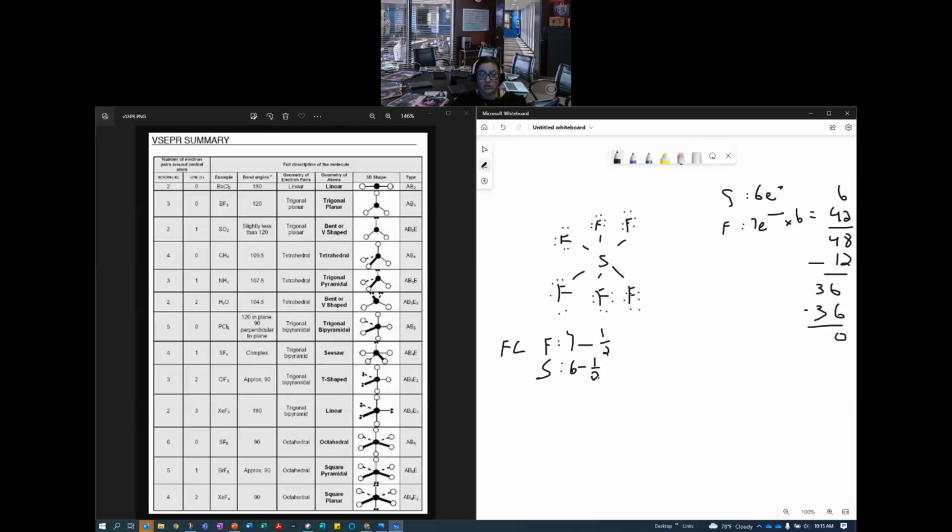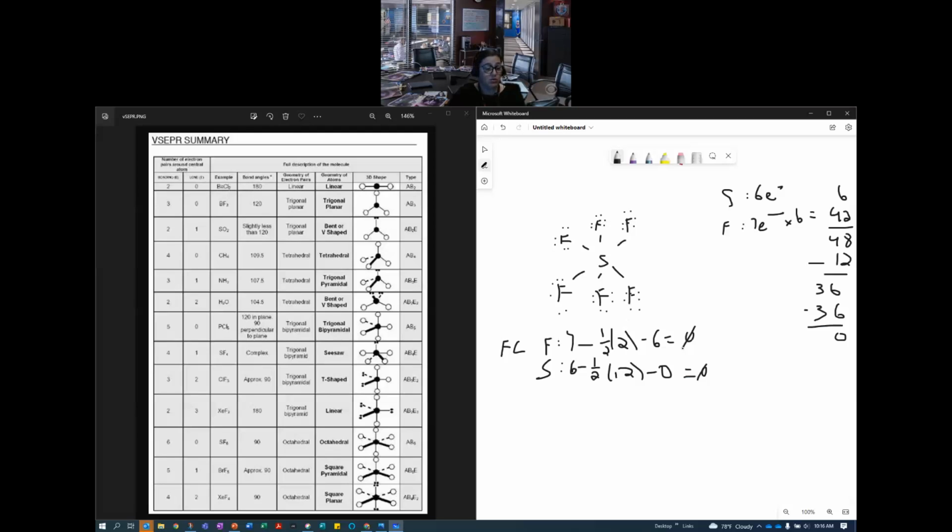So for my sulfur, I'm going to subtract half of the 2, 4, 6, 8, 10, 12, and no lone pairs. And that gives me 0. For my fluorine, I'm going to subtract half of the 2 in the one bond minus the 6 non-bonding. And that gives me 0 for that. So everybody's happy. Okay, fine. Now that we're not confused, we can be happy.